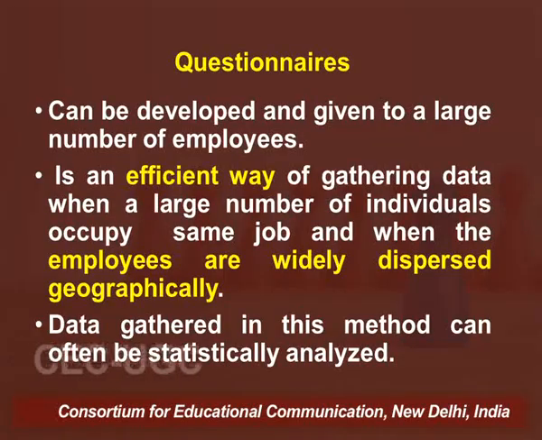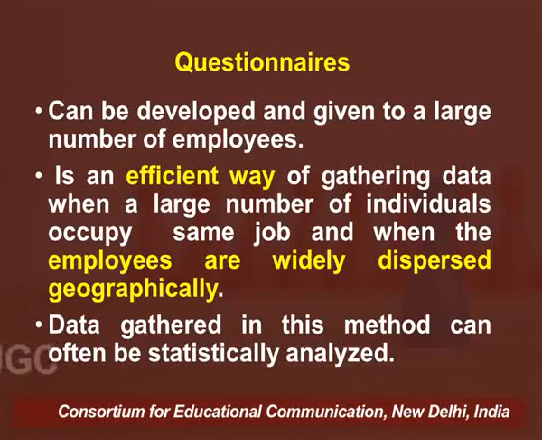The next method is the questionnaire method, and it can be developed and given to a large number of employees. Whenever there is a larger sample size, questionnaires can be effective. It is an efficient way of gathering data when a large number of individuals occupy the same job and when the employees are widely dispersed geographically. For example, there are MNCs who have offices or employees throughout the globe.